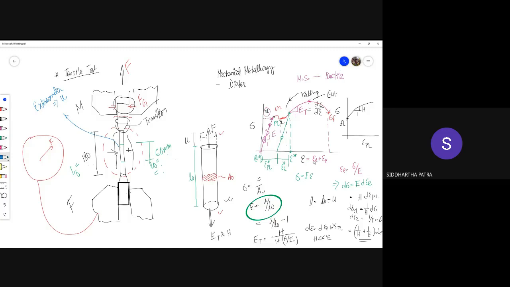Okay, now let's see what would happen during the elongation process.